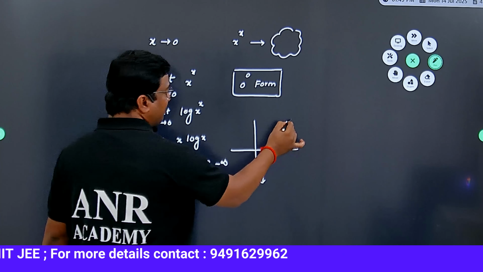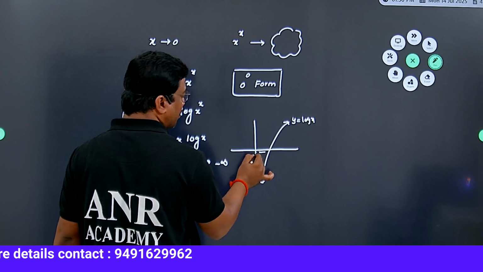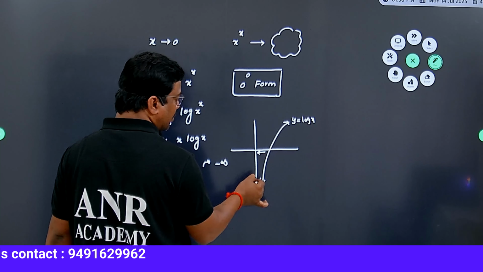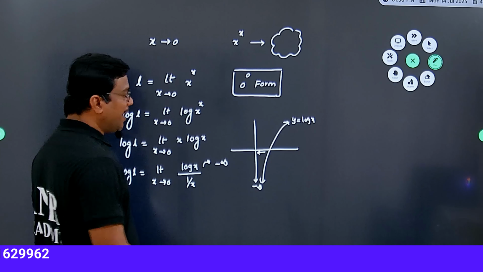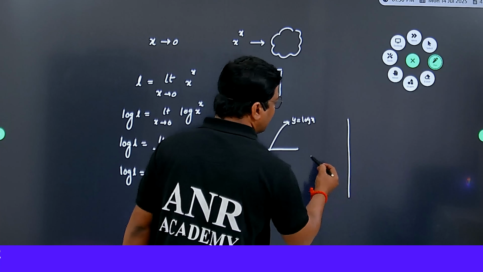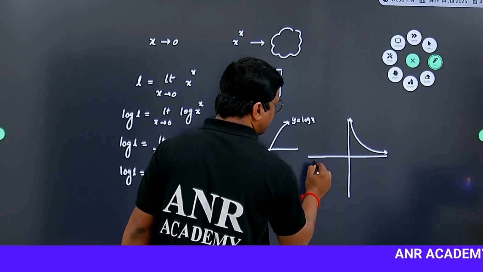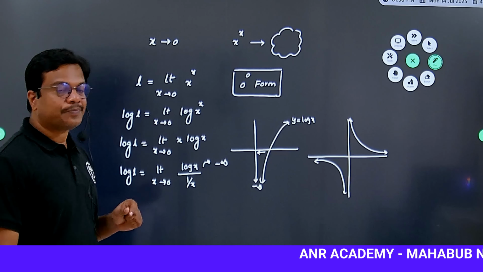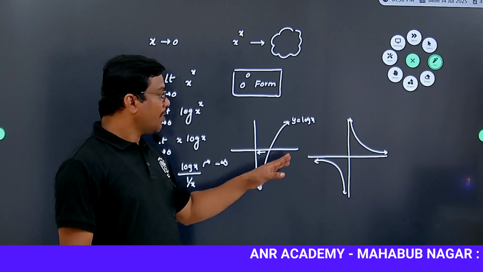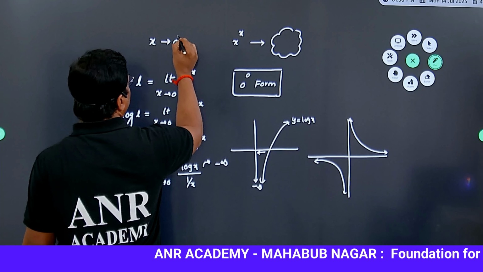This is the graph of log x. When the values of x approach 0, the functional value approaches negative infinity. Next, the 1 by x graph. You know the graph of 1 by x, as x tends to 0, here the x value approaches 0 plus.